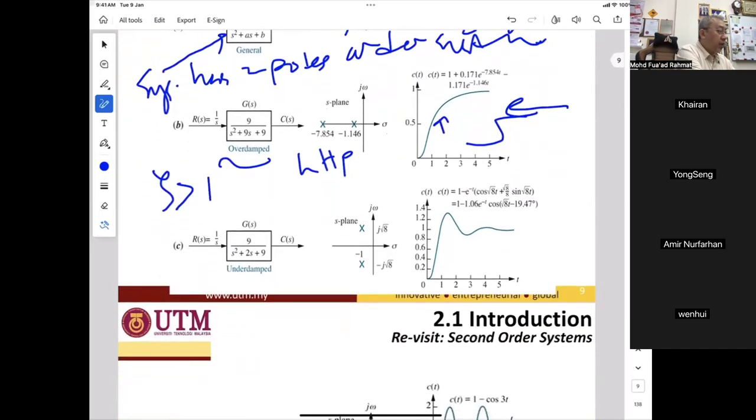The second one is underdamped, which is between 0 and 1. The nature of the poles is complex conjugate poles, one pair, which is minus 1 plus minus j square root 8.